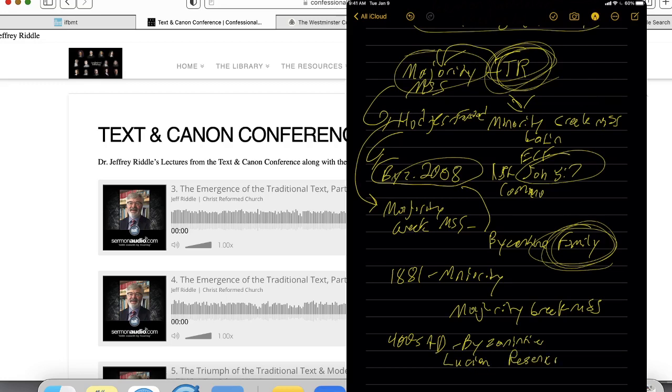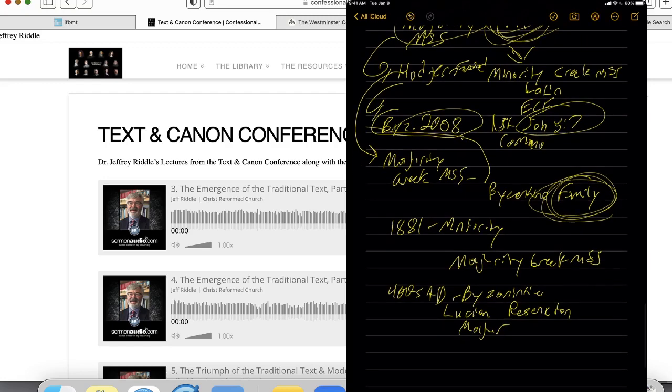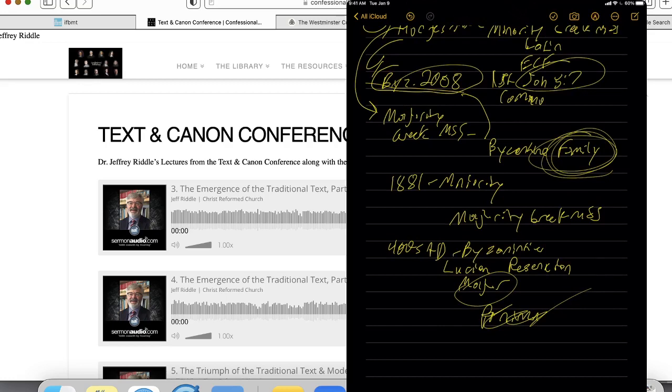Basically what they believed was there was a major revision done of the Greek manuscripts, and that this revision gained dominance. They were trying to explain why the majority of Greek manuscripts had great agreement and harmony.